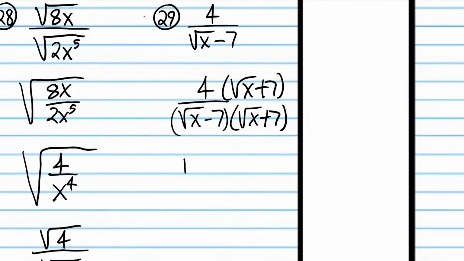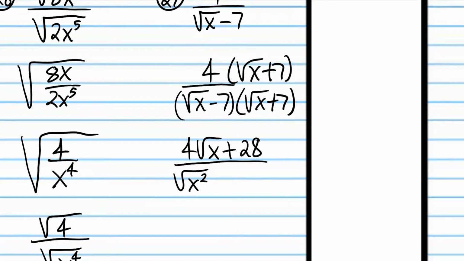And then we can distribute. We get 4 times root x plus 4 times 7 is 28. And then root x times root x is root x squared. And, again, you don't really have to write root x squared. You can just write x because that's what it's going to be. But I'm just going to write root x squared in these first problems so you know exactly what I'm doing.